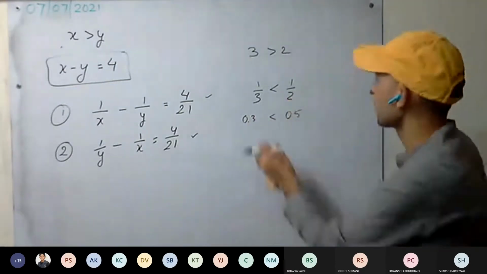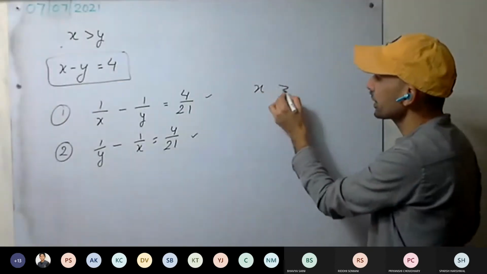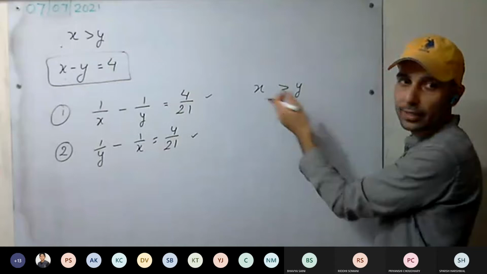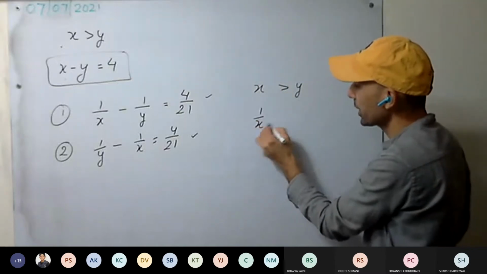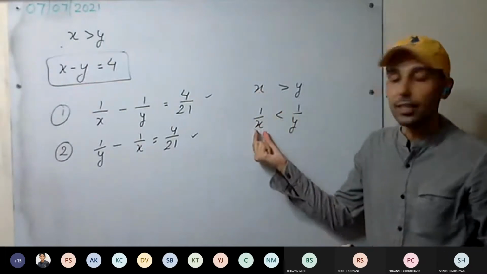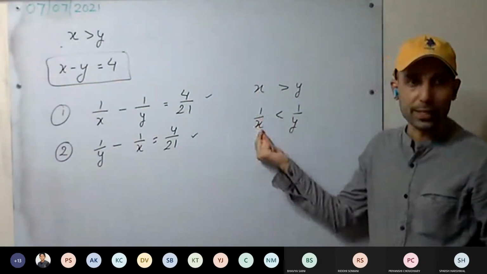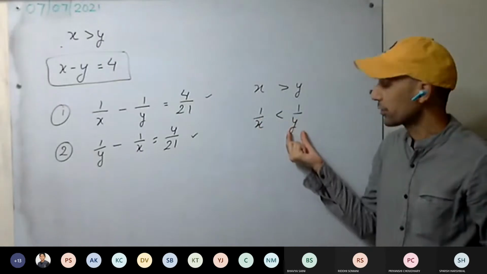So see here what happens. If x is greater than y, the reciprocals will be reversed, so 1 by x will be less than 1 by y. Since x is greater, the denominator of the first term will be bigger than the second denominator, therefore 1 by y will be bigger.